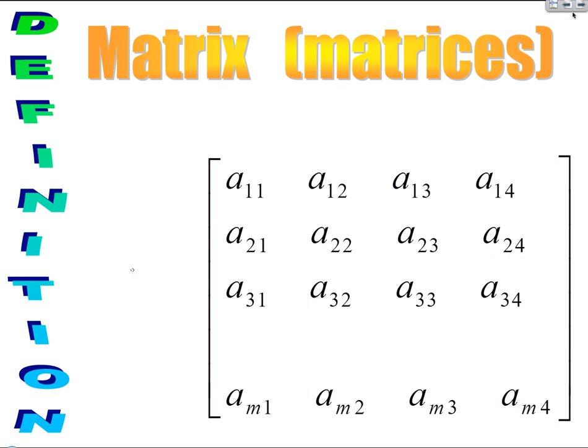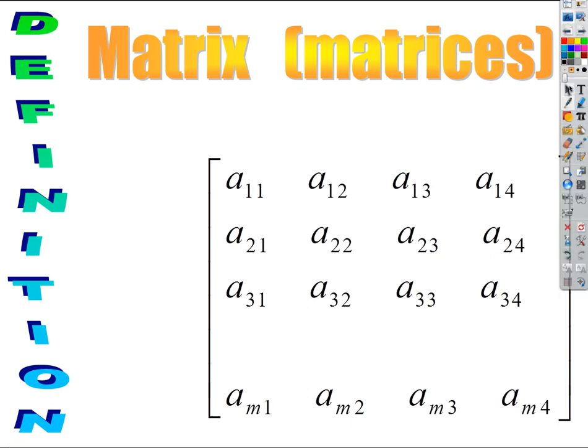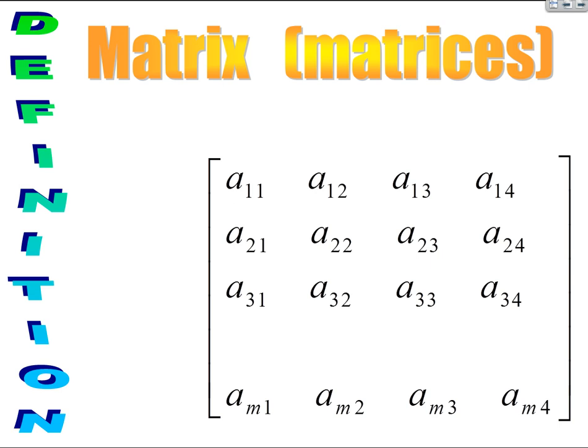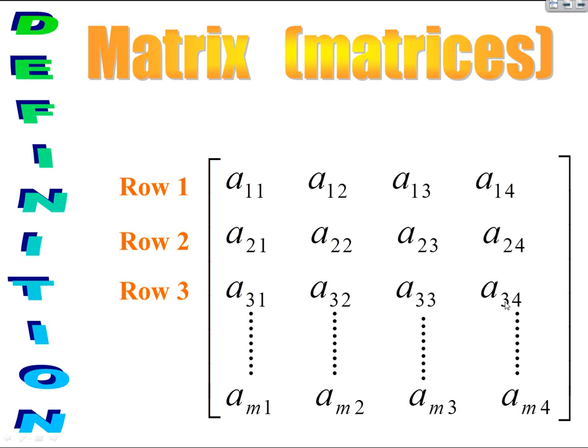All right, there's our rows. Now, when we want to define a matrix of indeterminate size, a general, all-purpose, generic matrix, we might say that it's got m rows. M could be anything.